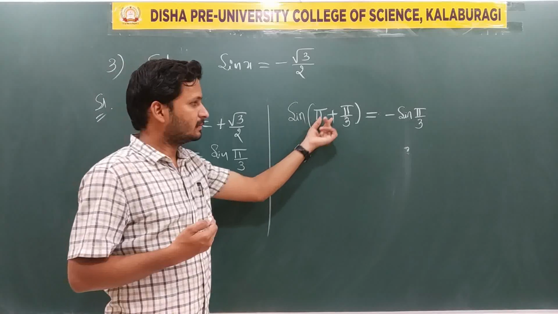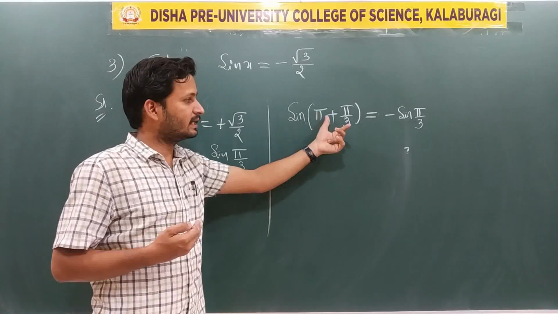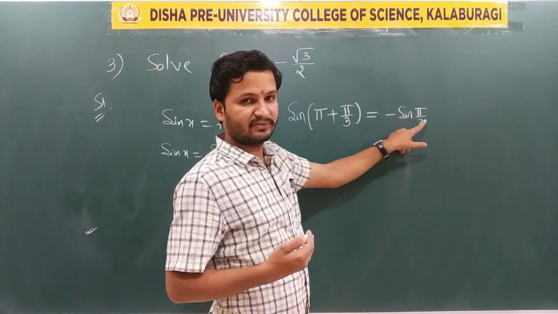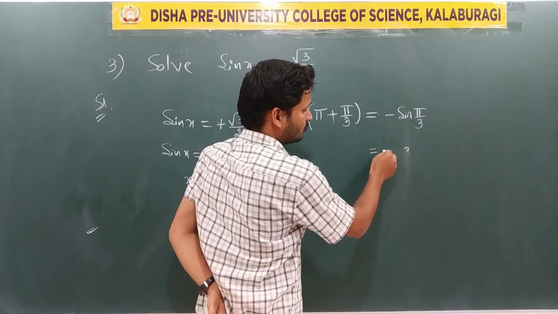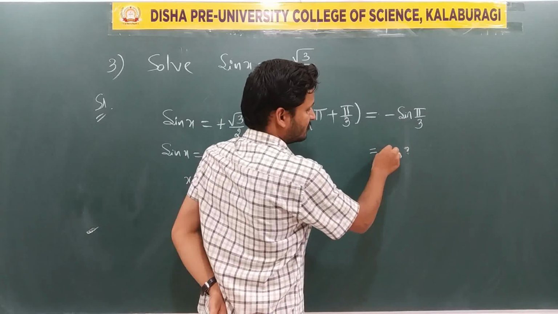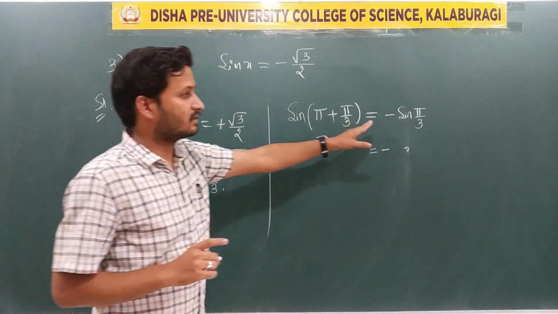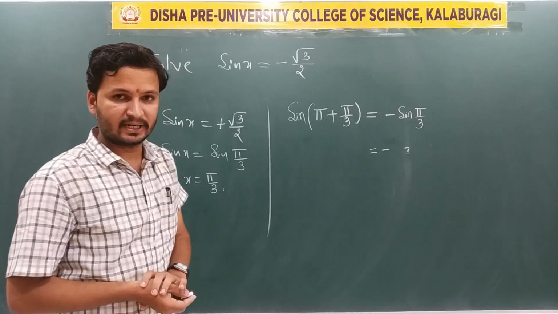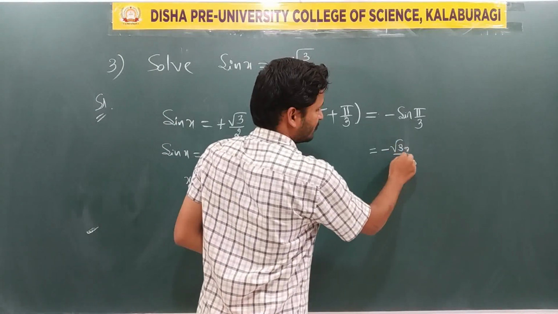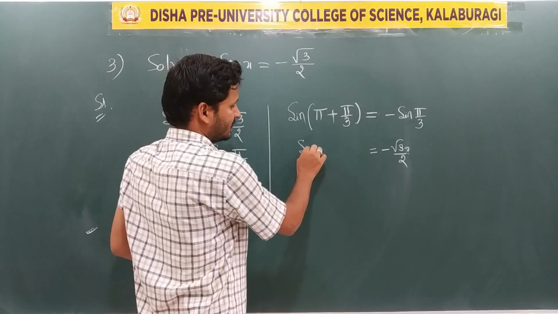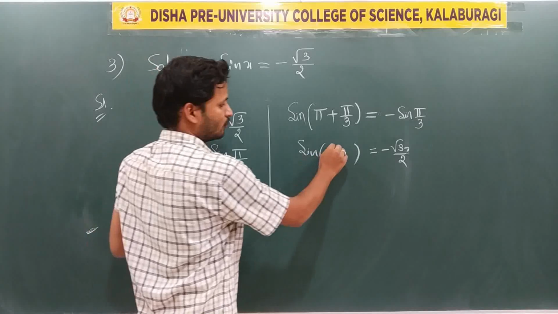So sin of pi plus pi by 3, by using allied angles, sin of 180 plus theta is minus sin theta. So it equals minus sin of pi by 3. See, the value of sin of pi by 3 is plus root 3 by 2. So this is sin of pi plus pi by 3, that is 4 pi by 3.